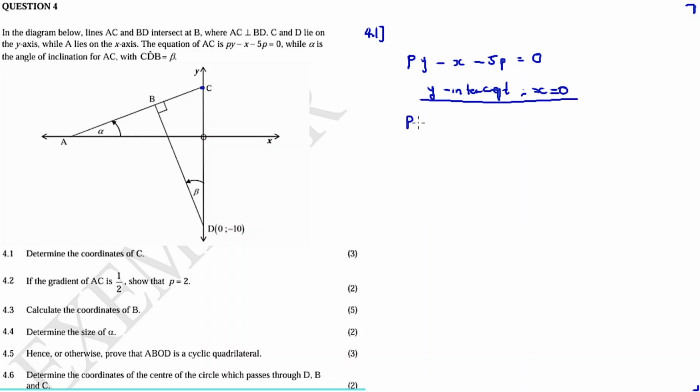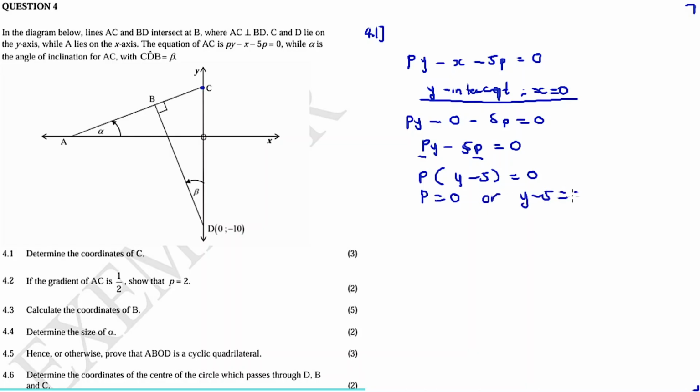So we have py minus 0 minus 5p equal to 0. Then the 0 will disappear, we end up with py minus 5p, and p is a common factor. We take it out: p times (y minus 5) equal to 0. Then p is equal to 0, or y minus 5 is equal to 0.